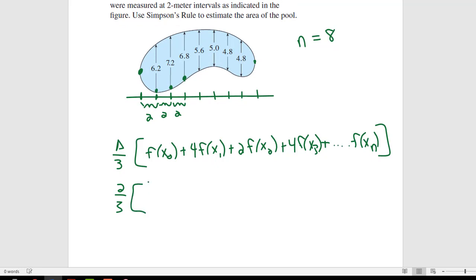And the way that I set this up, my first function value is a height of 0. And then I'm going to have 4 times my next function value, which was 6.2. And then 2 times my next function value, which was 7.2. And then 4 times my next function value, which was 6.8.